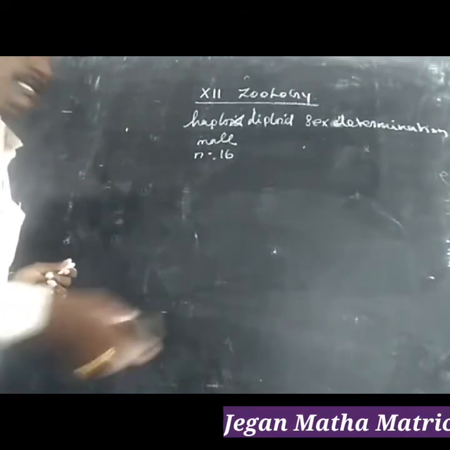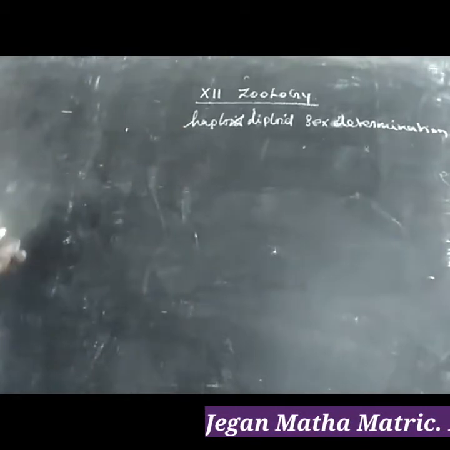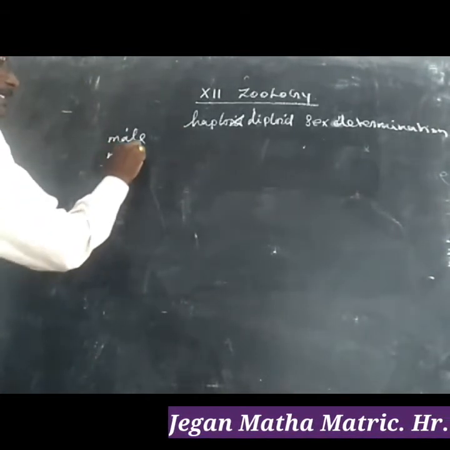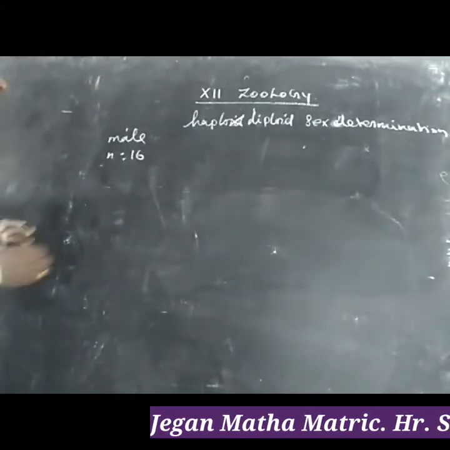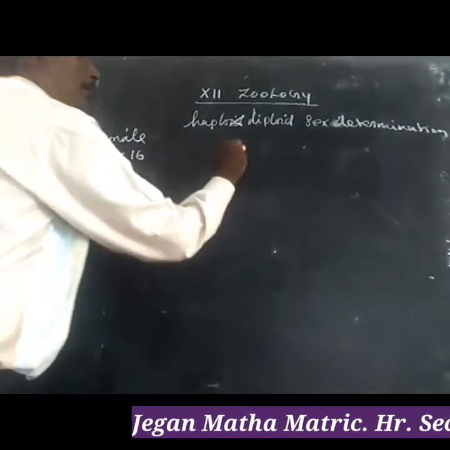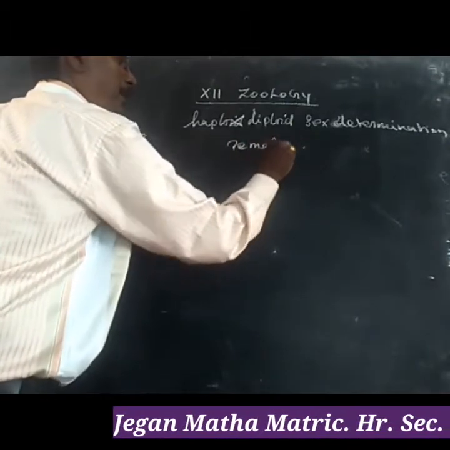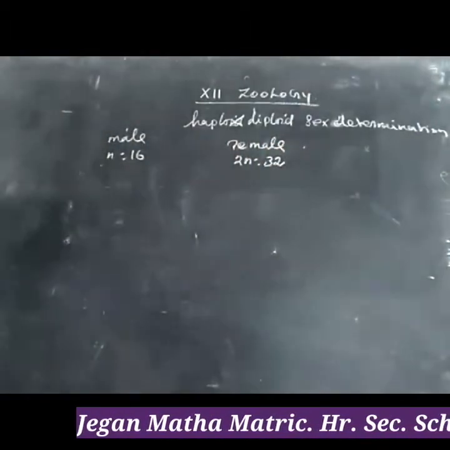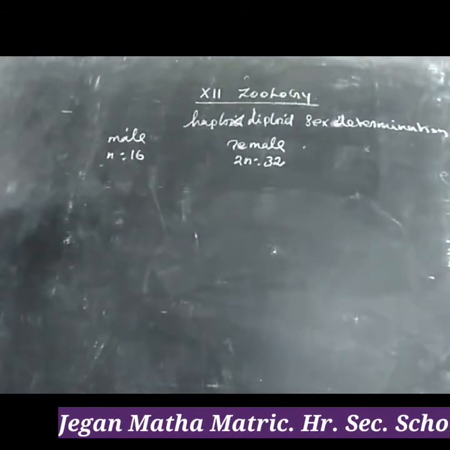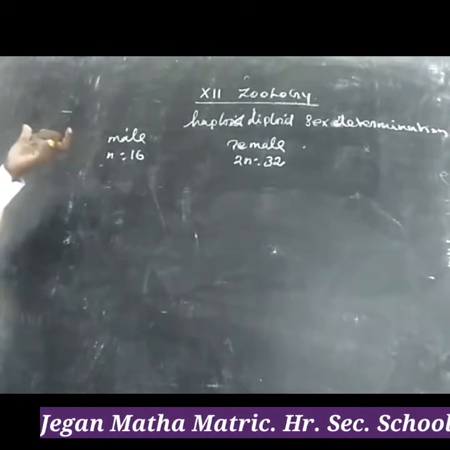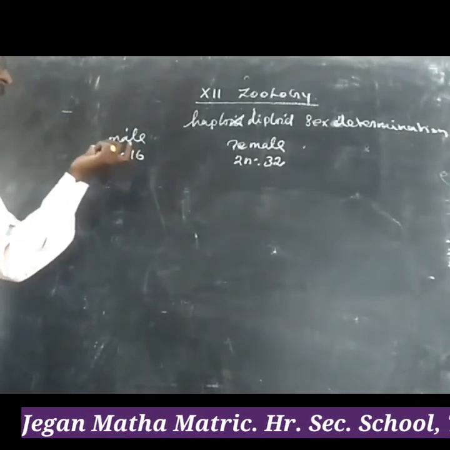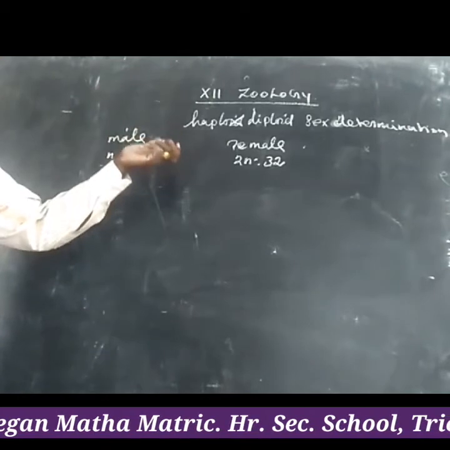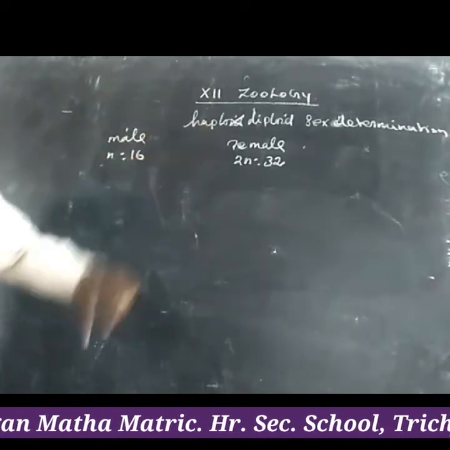But the female has 2n equal to 32 chromosomes.